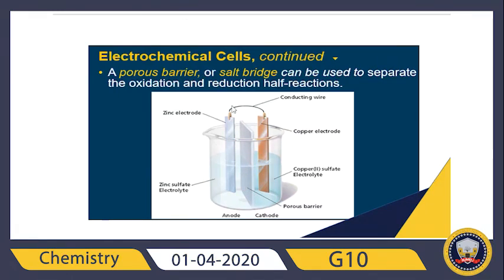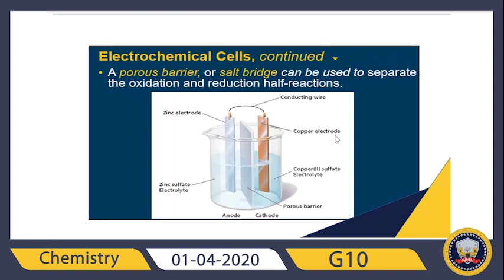As we can see here, we have two electrodes, the zinc electrode and the copper electrode, and each electrode is in contact with what? With an electrolyte. The zinc electrode is in contact with the zinc sulfate electrolyte, and when we say electrolyte, we know that this kind of solution can conduct electricity, right?